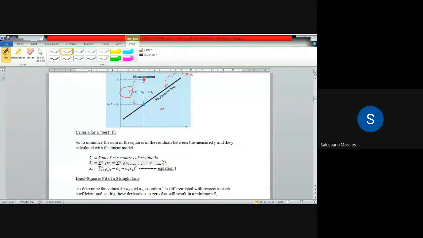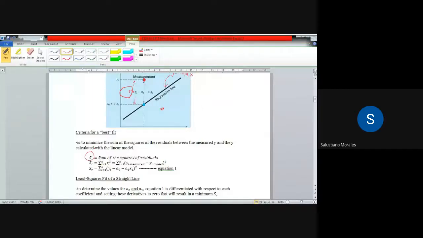So, is to minimize the sum of the squares of the residuals or error between the measured y and the y calculated with the linear model. And we let those sum of the squares to be SR. So gamitin natin yung variable na SR dito to represent the sum of the squares of the residual.